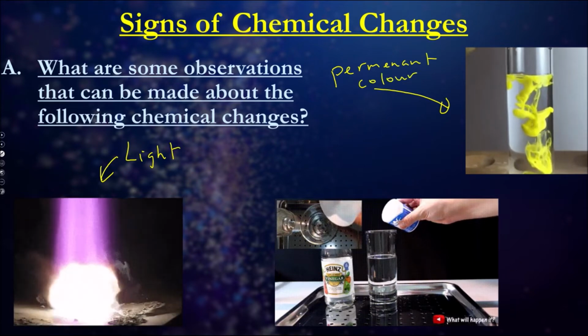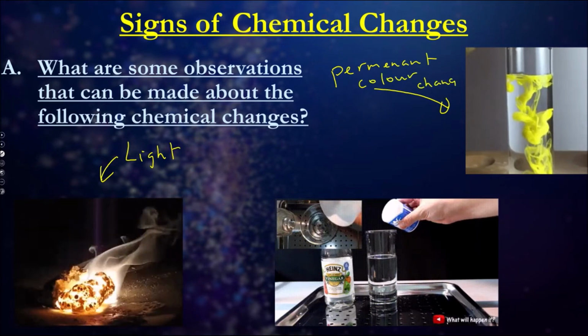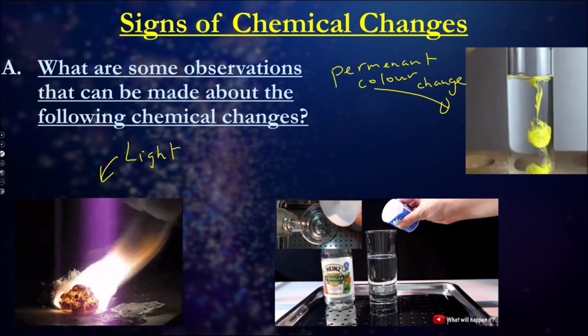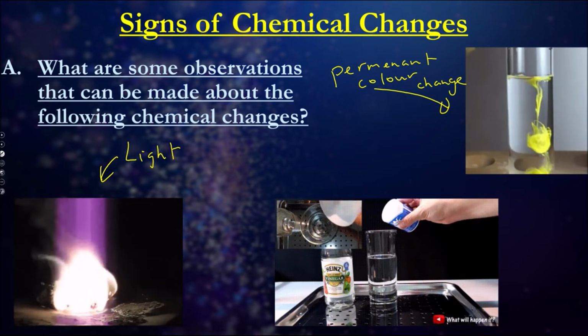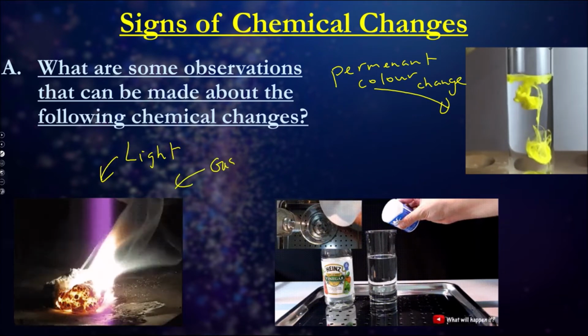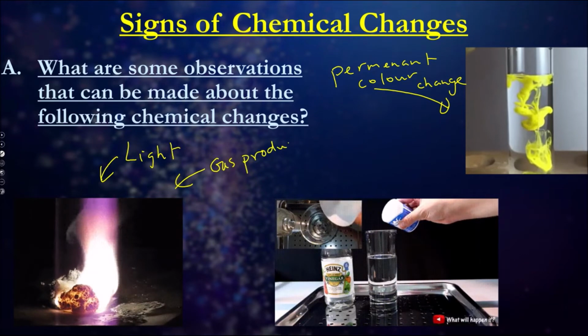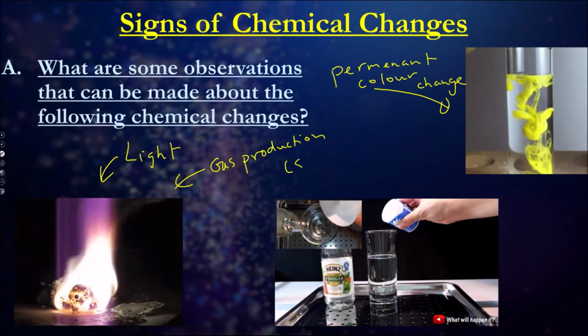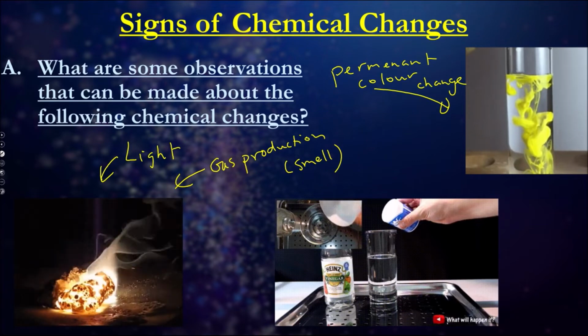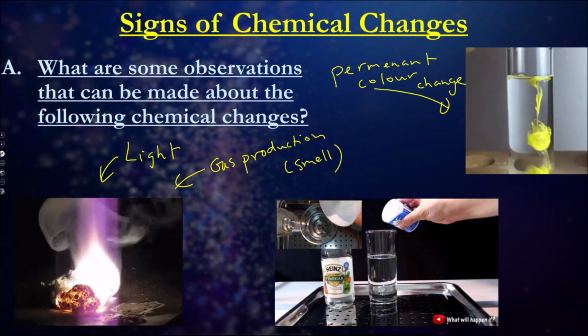If it's a partial color change, that's not really considered, but if it's permanent, so the color stays and doesn't deteriorate, that is a chemical change. If we have gas production, we can smell it. Those are all different ways we know if a chemical reaction has occurred.